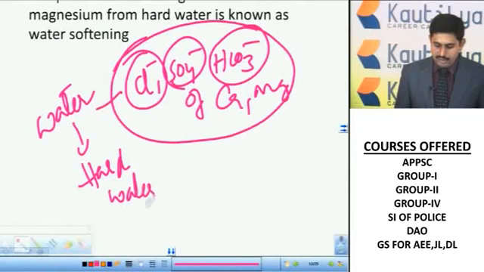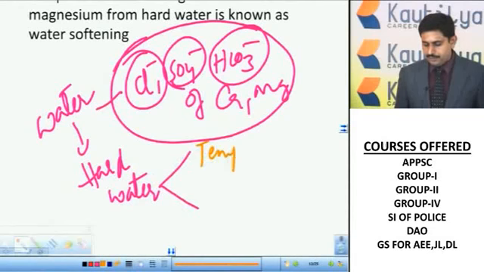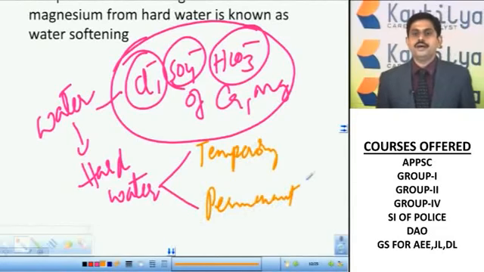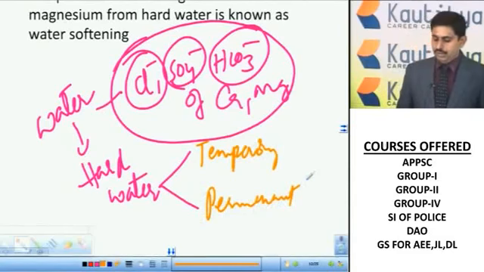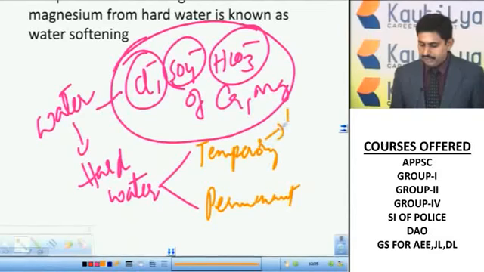Hard water is again classified into two types: temporary hard water and permanent hard water. Temporary hardness can be removed by simple heating or boiling.